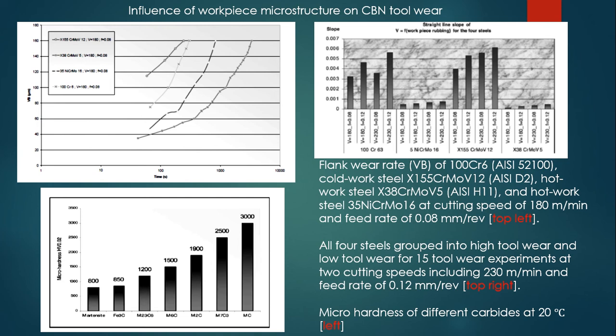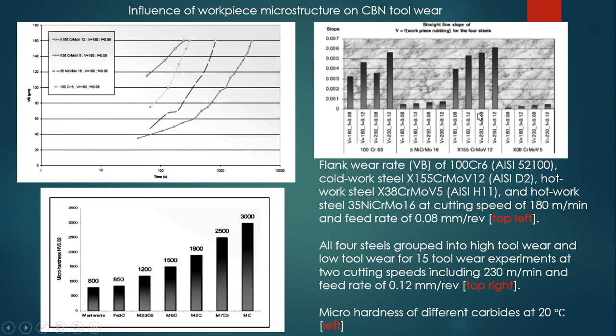From the microscopic result, these steels have a high amount of M7C3 carbide, so they have a very high carbide content. From this plot, you can see that the high tool wear is due to the high carbide content.